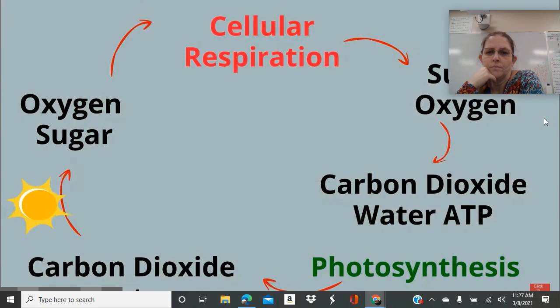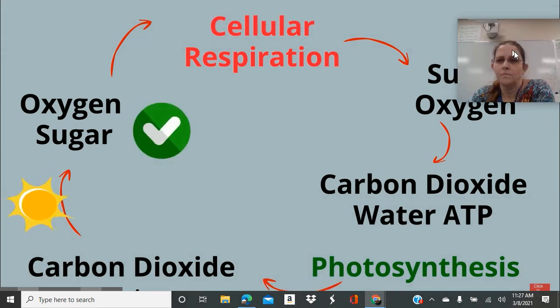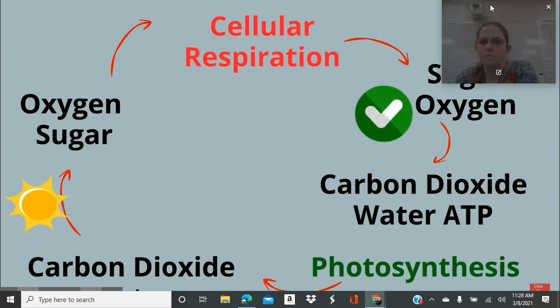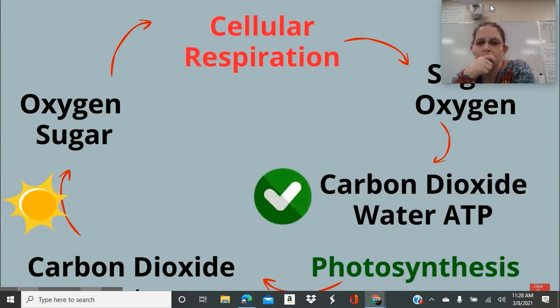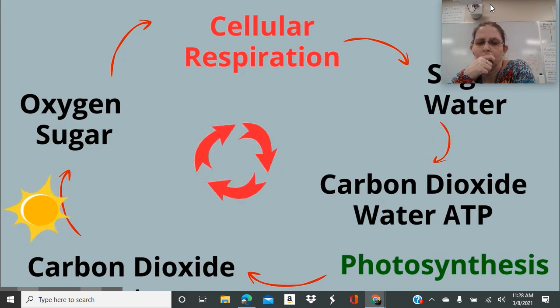So in summary, photosynthesis takes carbon dioxide and water, plus sunlight to create oxygen and sugar, which is exactly what cellular respiration needs. Cellular respiration takes the sugar and oxygen to create carbon dioxide and water, plus ATP, which helps with photosynthesis. And this cycle repeats over and over again.